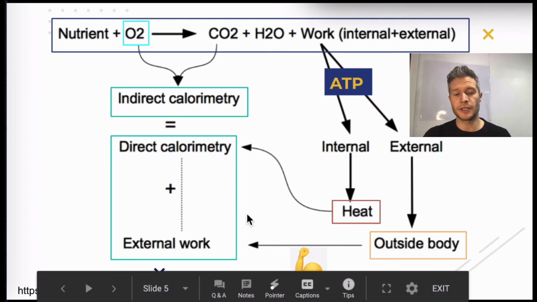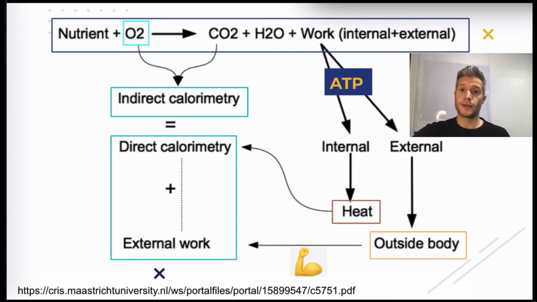Okay, and ultimately you can measure both, right? You can measure, say, the work done on a bike by turning the crank with something called a power meter, and it will tell you how much work is physically being done or mechanically being done on the bike, as well as measuring how much heat you give off. Or in this case, you can look at CO2 or O2 indirectly, okay?